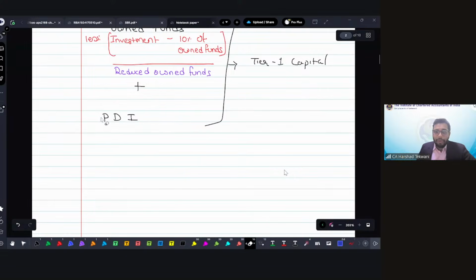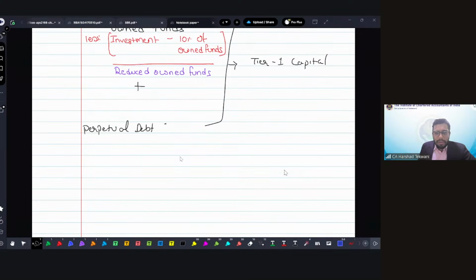Then the second amount is the perpetual debt instrument.